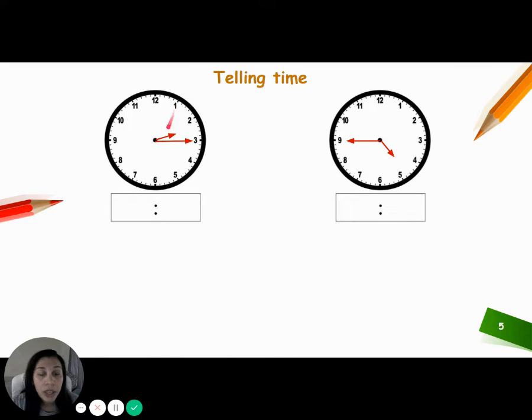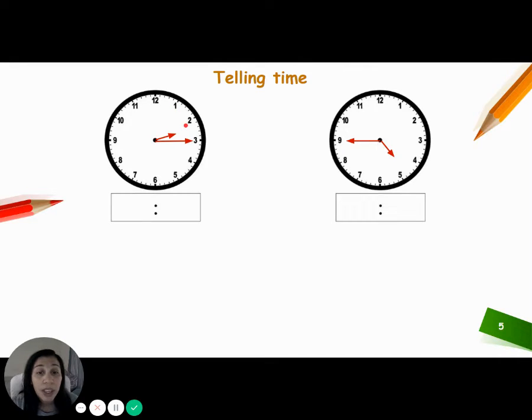So it will tell you, for example, right here, the arrow is between 2 and 3. So what time is it? What is the hour? It's 2. While the long hand shows us the minutes. So with the long hand, we can count by 5, okay? When you see 1, that means that it's been 5 minutes.